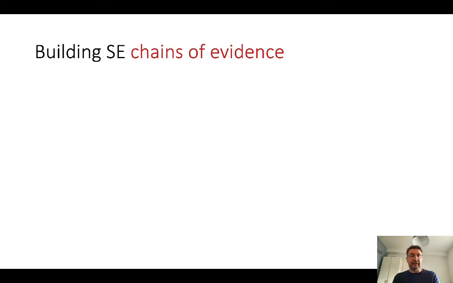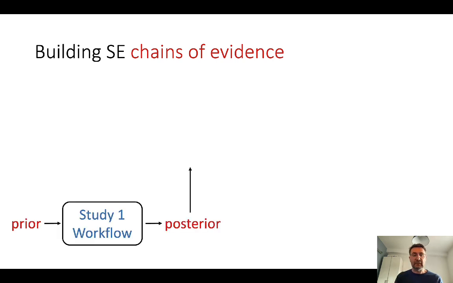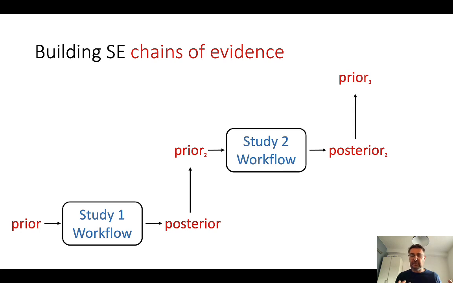So, last slide. The scientific output of using BDA in software engineering can be, we think, that it will be easier to build chains of evidence. The idealistic view is that I have my prior, I run this workflow, and in the end I get a posterior that can help me answer my questions, but this posterior can then become input to the prior in a next study, and so on.